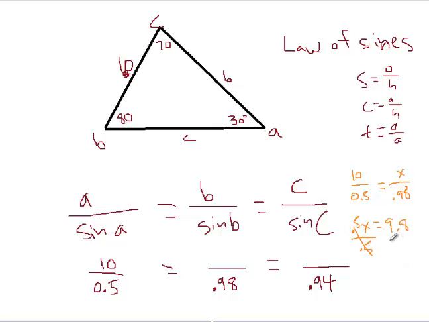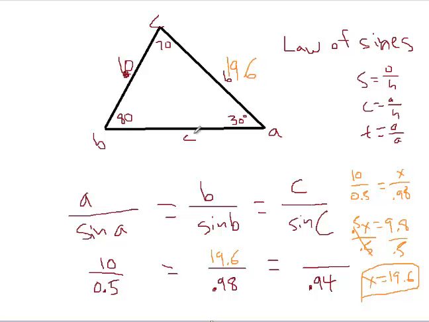Divide by 0.5, and x is going to equal, I believe, 19.6, which I believe is correct. So we're going to put 19.6 over here, which means that side B is 19.6.